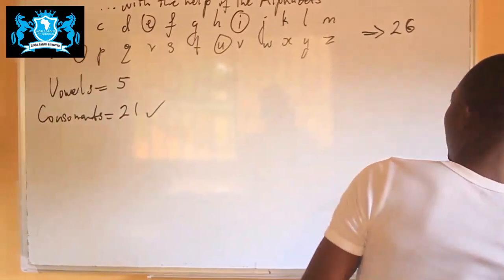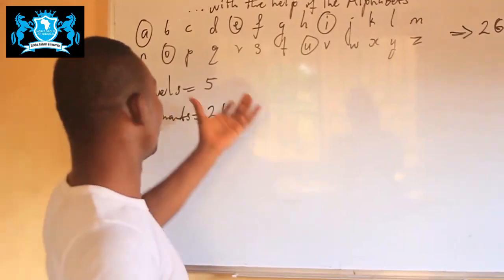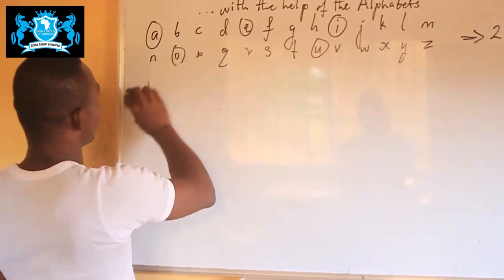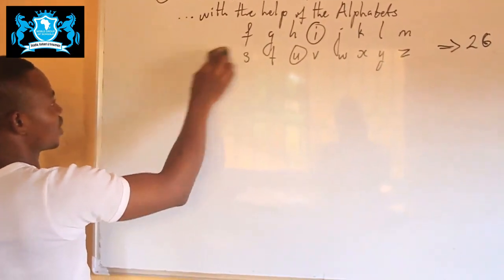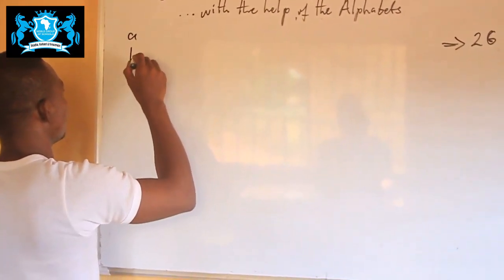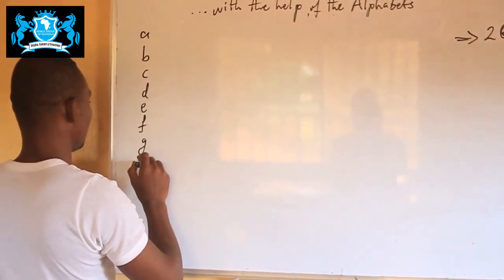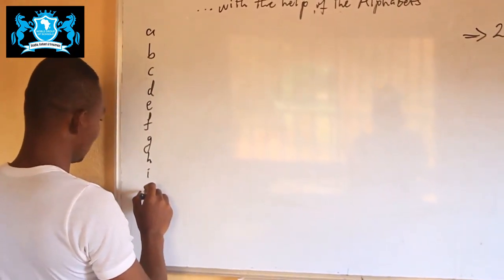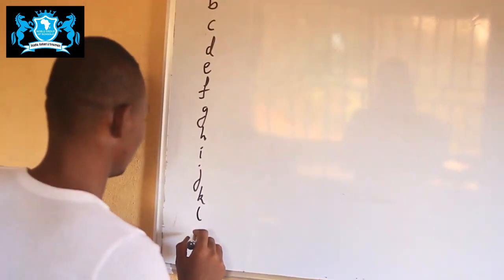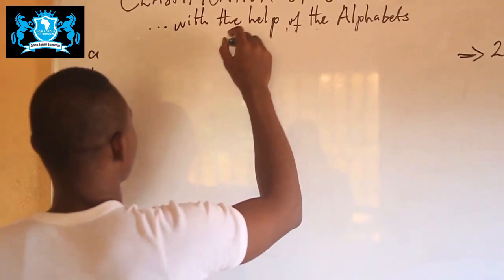Now, for us to be quite sure that all of these sounds are derivatives of the English alphabets, we are going to take down the English alphabets and the right pronunciations, as we shall see that. And we have here A, B, C, D, E, F, G, H, I, J, K, L, M. We continue here.